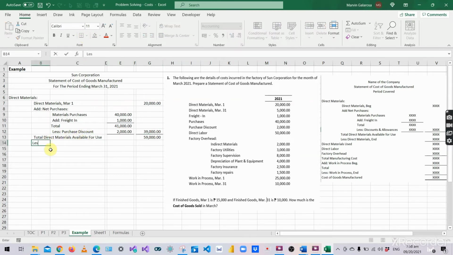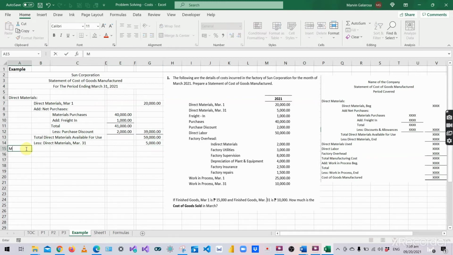And then, we deduct the direct materials ending. Or, for sa example natin is the direct materials March 31. So, less direct materials March 31. That amounts to 5,000.